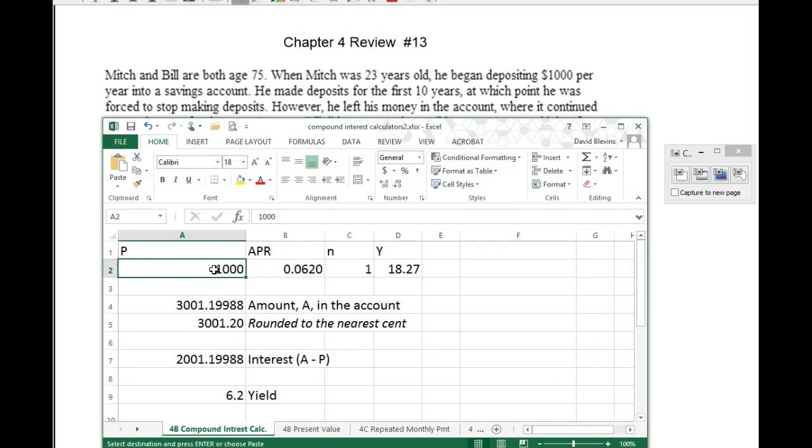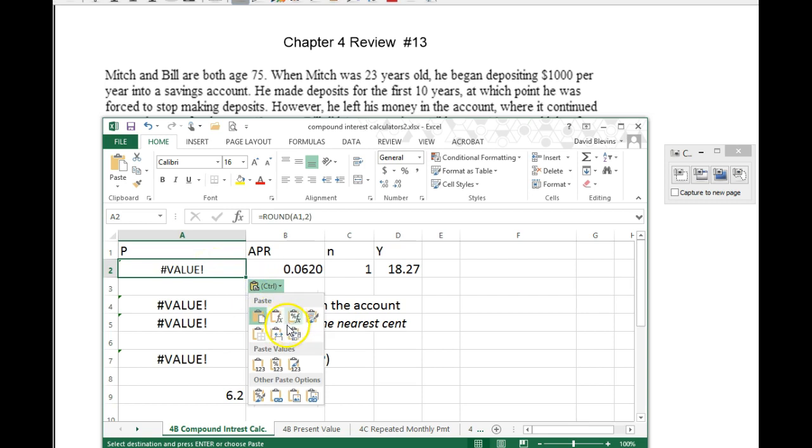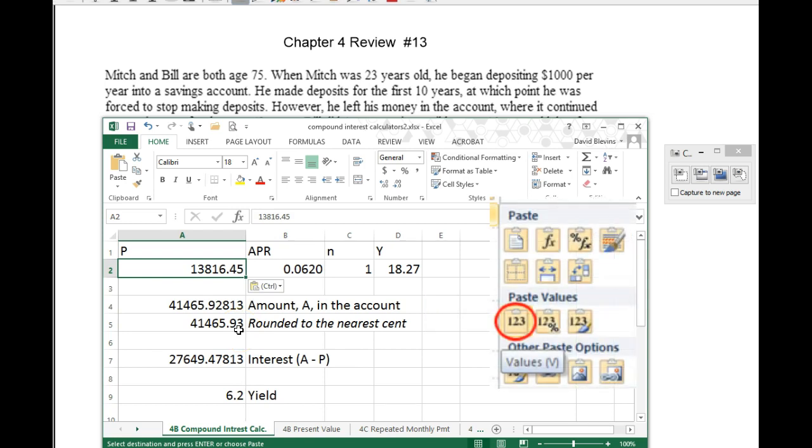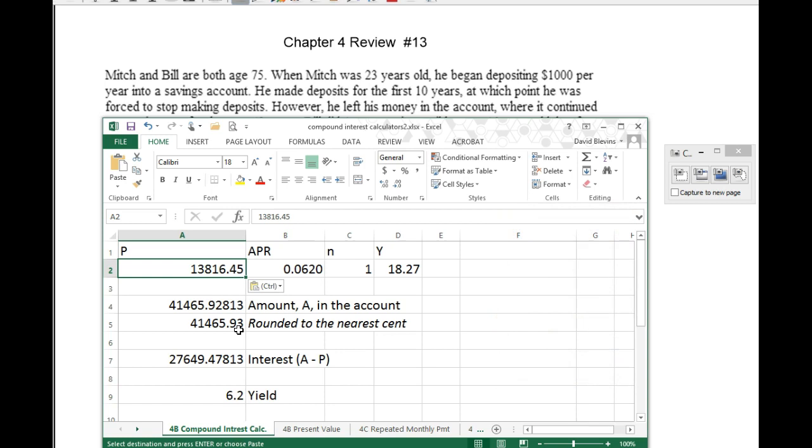When you paste the value in from another sheet, you'll get this error. So click on the little control figure and then click paste values, the 123 there, and that will switch it over to the number that you copied from the last sheet. And that pastes the 13,000 in there for the principal.